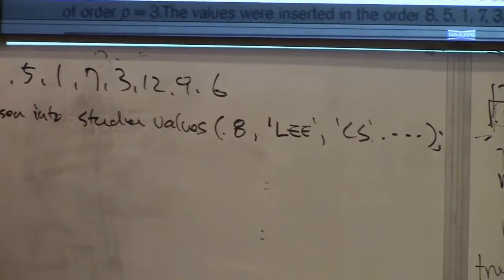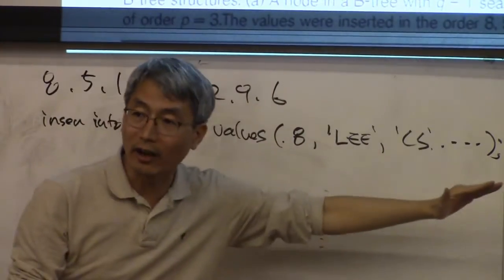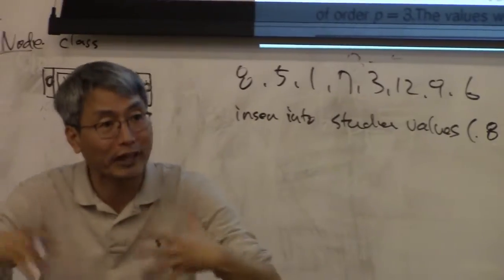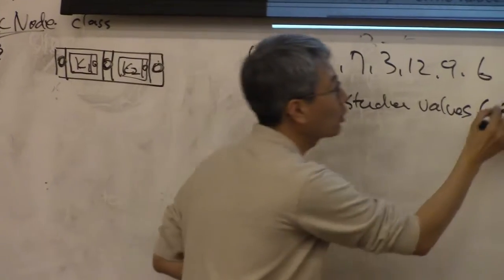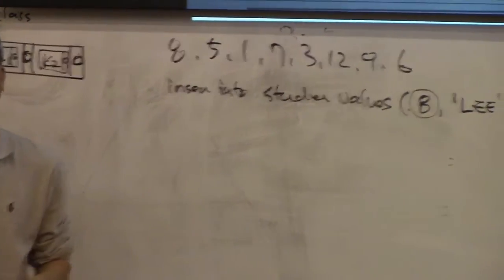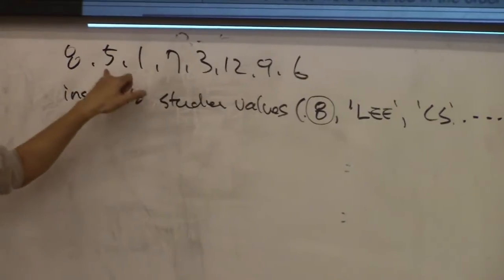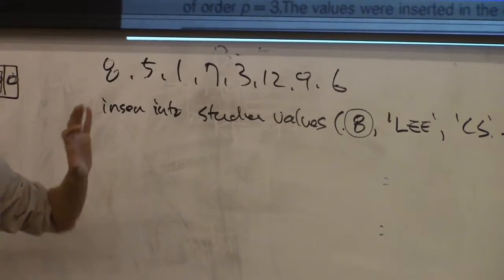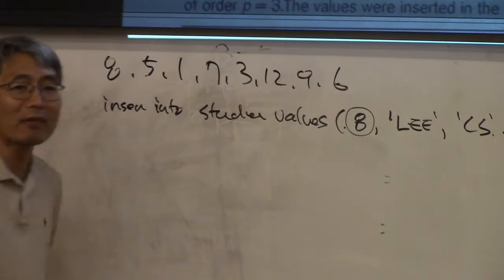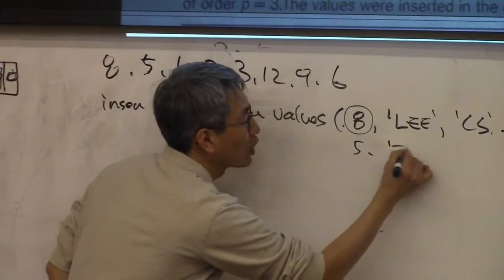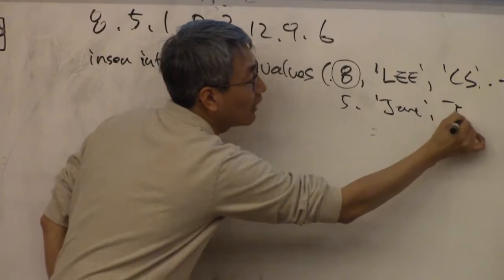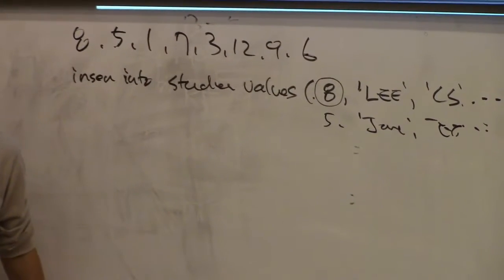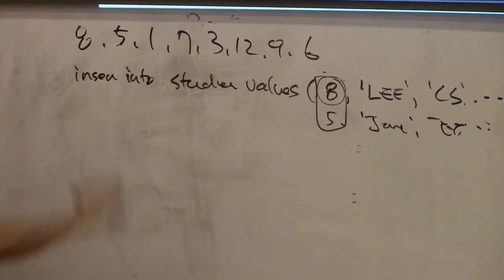We are going to insert the entire data, but I'm going to show how to organize the index, so we need only the index key. Same thing when I say insert the 5, it doesn't mean only insert the 5, but 5 and James and so on. To simplify our problem, I'm going to mention only the index key.